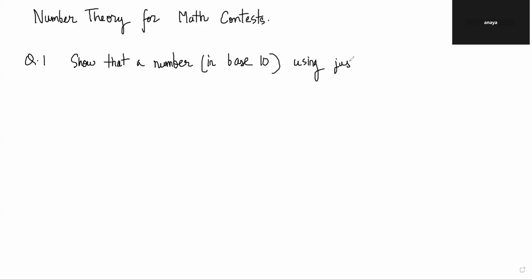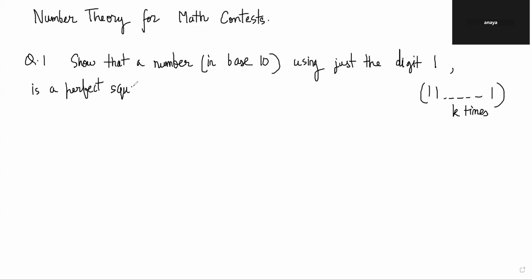The question that I had given at the end of last class. The first one was: show that a number in base 10, which is made by using just the digit 1, basically something like 1, 1, and so on, k times, is a perfect square if and only if it has one digit.